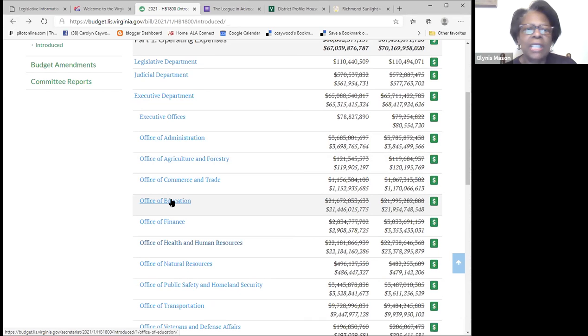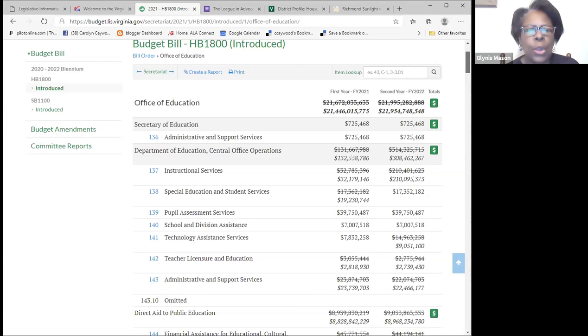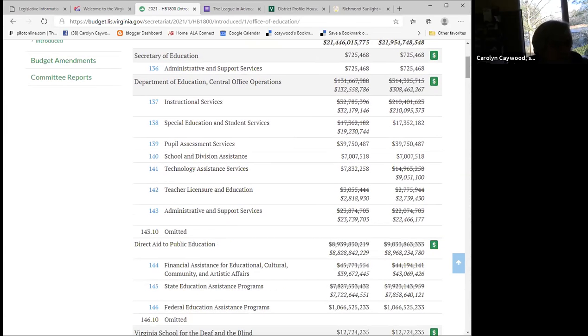I was looking to see what this Office of Education entails. Is that salaries? Is that for localities, or just what is it for? Now, this is a state budget, so it's not going to be what the locality pays, but it will be what the state throws in, the direct aid to public education, and federal money that the state gets to allocate.